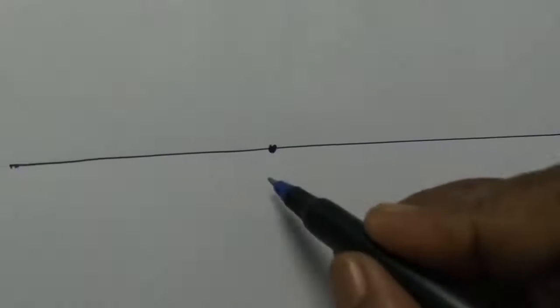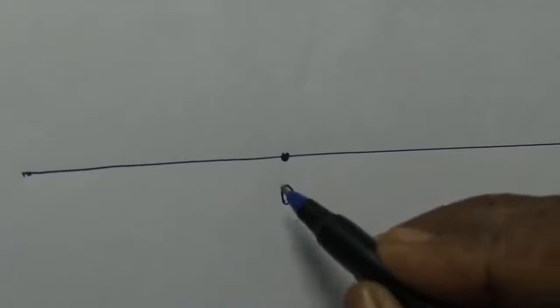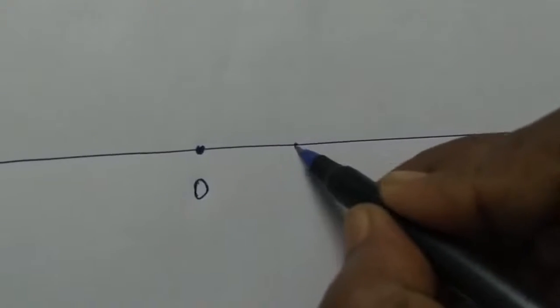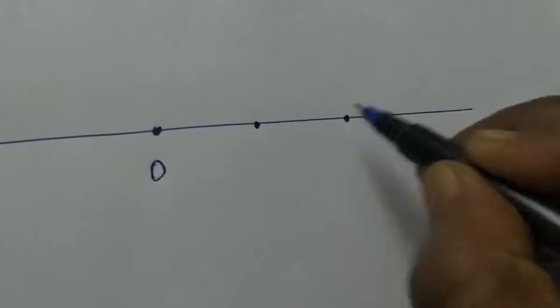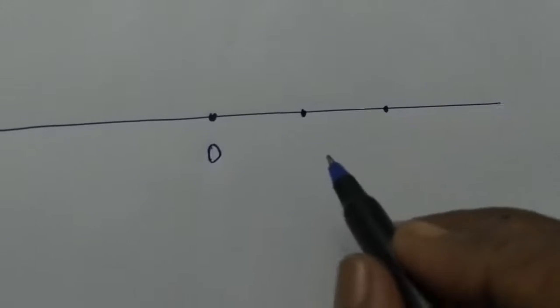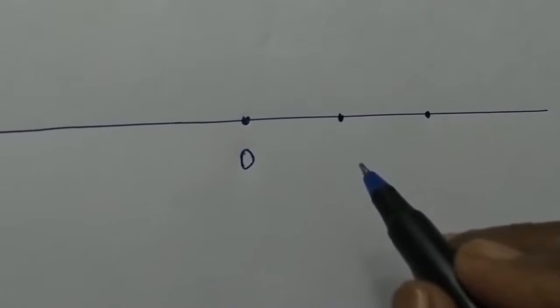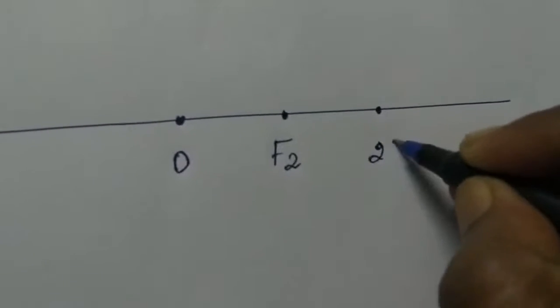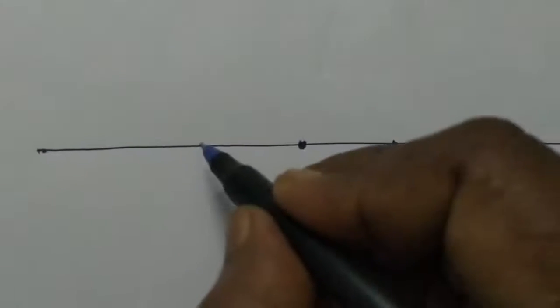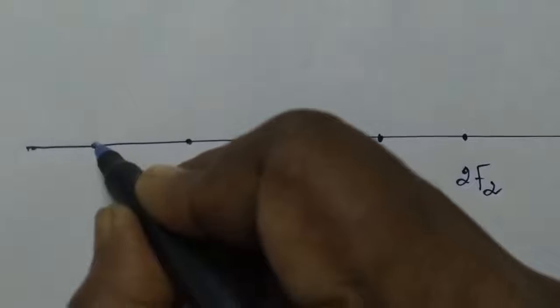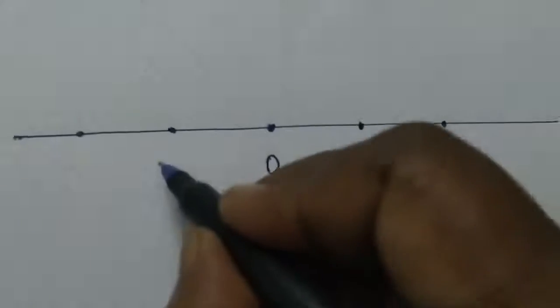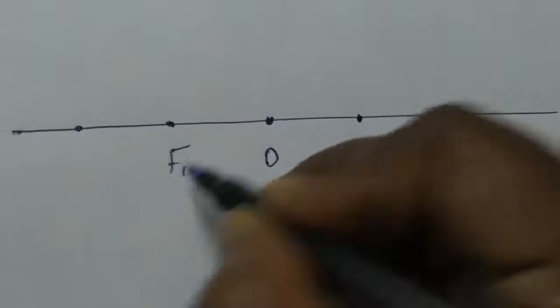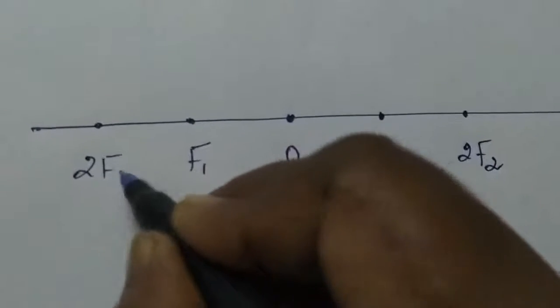First let's draw the principal axis, and take the center point as O, which is known as optical center. Take two points to the right side of the concave lens and mark them as F2 and 2F2, and then mark two points on the left side of the concave lens as F1 and 2F1.